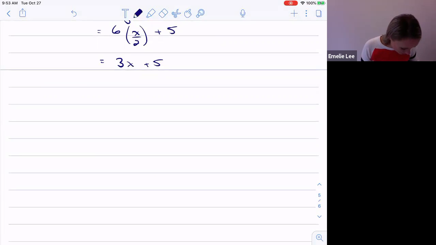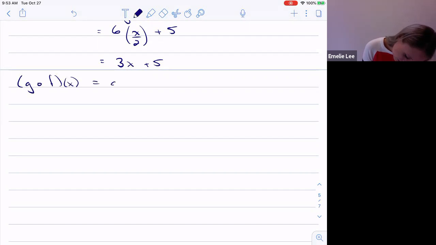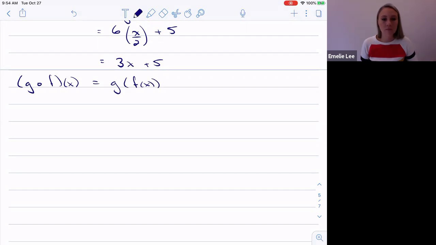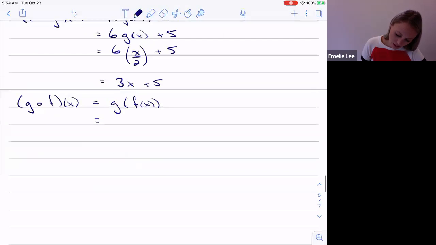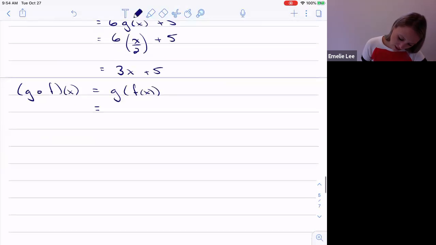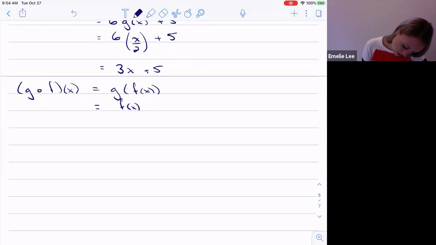So the next thing we wanted to do, I've got it here, g composed with f of x, which is now g is on the outside and f of x is getting stuffed in. So here, g of x is x over 2. So instead of x, I'm going to write f of x divided by 2.